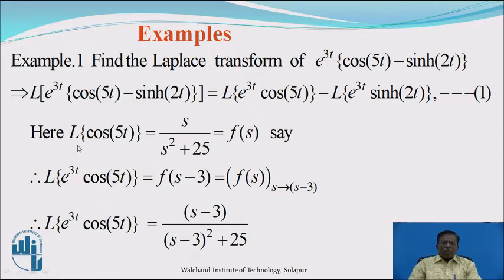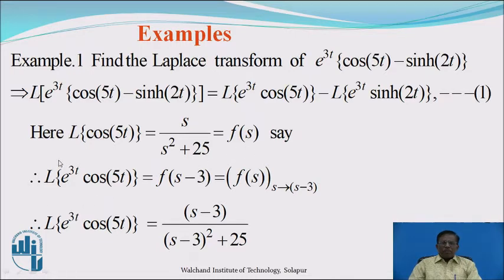Now from Laplace transform table we learned already in video number 1 and 2, Laplace transform of cos 5t equal to s upon s square plus 5 square, but 5 square is 25. Therefore, Laplace of cos 5t is s upon s square plus 25, denoted by F(s).